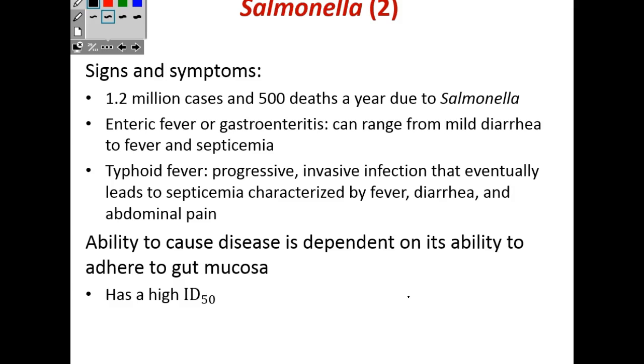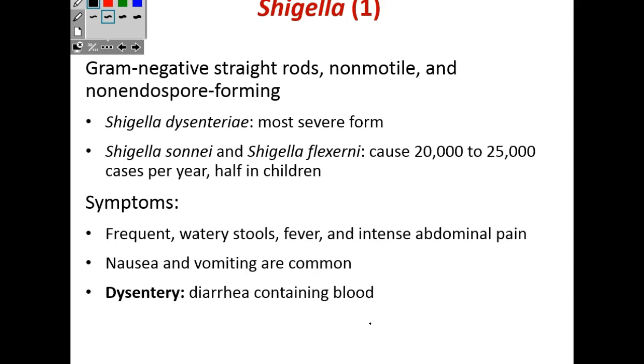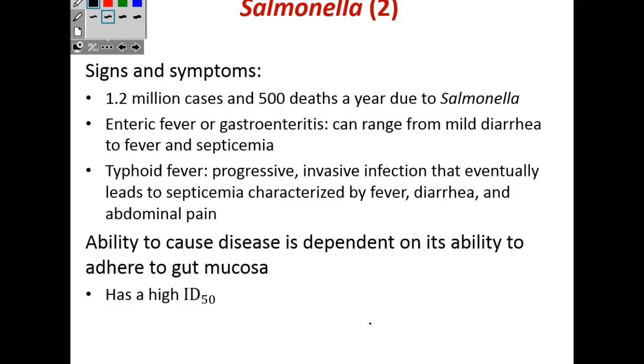Typhoid fever, progressive invasive infection that eventually leads to septicemia, characterized by fever, diarrhea, and abdominal pain. Its ability to cause disease is dependent on its ability to adhere to gut mucosa, and it has a high ID50. So what are some ways we can get salmonella?